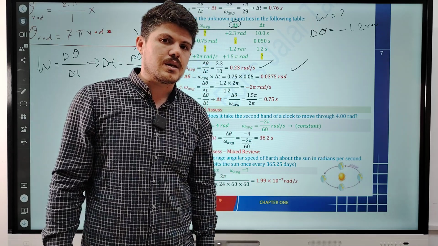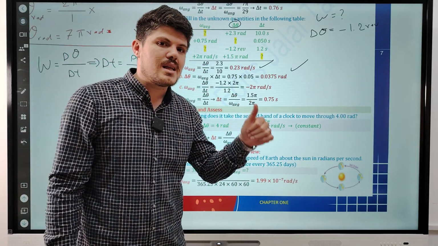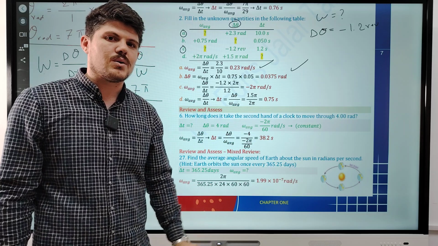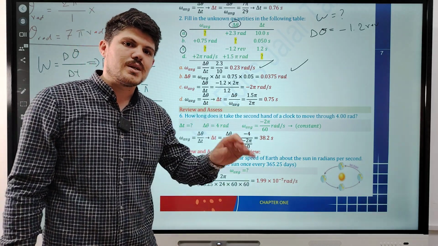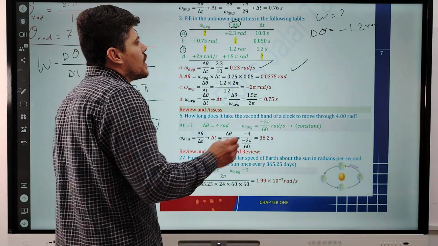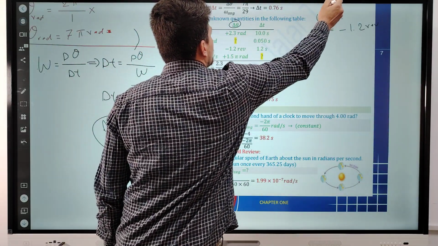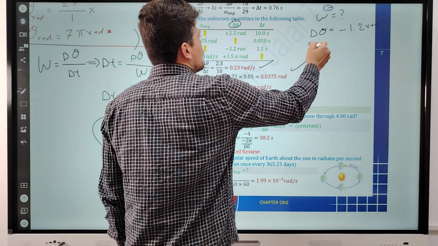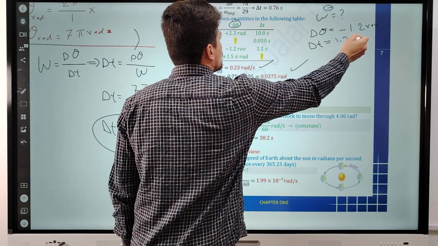The negative sign indicates that this object rotates clockwise. As I mentioned before, the value of angular speed should therefore be negative. So what is the time? The time is given as 1.2 seconds.